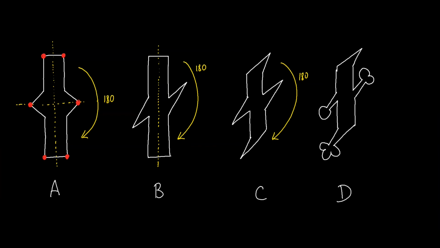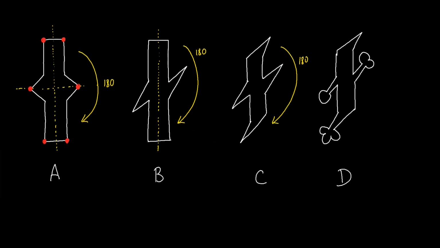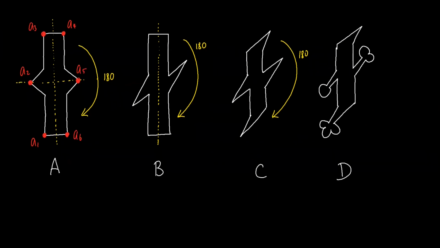And then I could ask for a function. So let's label these points first. Let this be A1, A2, A3, A4, A5, and A6. So I could ask for a function from the set of these A's to the same set, but the function shouldn't be just arbitrary.